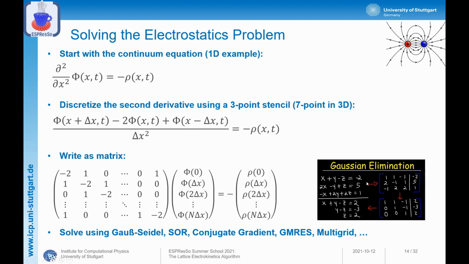You would go there and do Gauss elimination until you can solve for every one of the phi's here. You can, of course, do this exact method, but if you want to be a bit more performant, you can also do iterative methods, and then you just have to say, okay, I want this much accuracy, so I'm willing to spend this amount of time into getting the solution to this problem. But this is a very well-known problem, and many solutions or solution ideas exist for it.